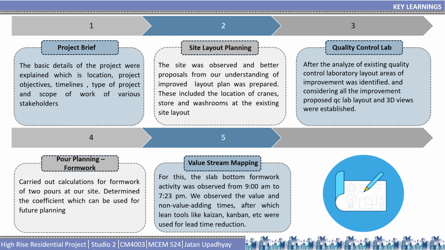In the value stream mapping, the slab bottom formwork activities were observed from 9 am to 7 pm. We observed the value and non-value adding times, after which lean tools like Kaizen and Kanban were used for lead time reduction.